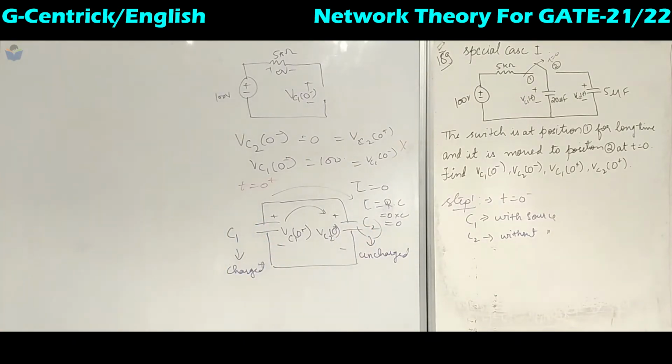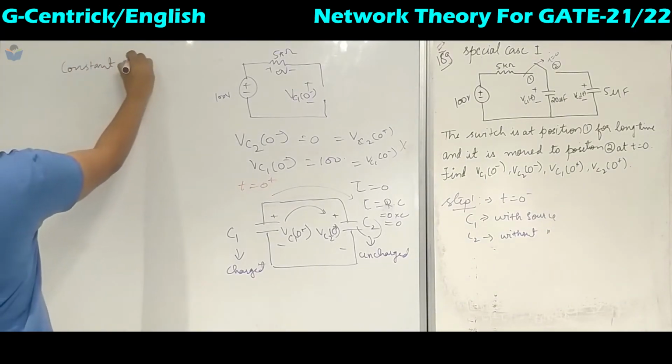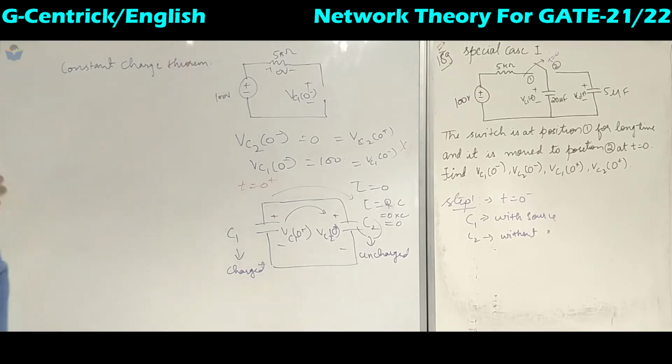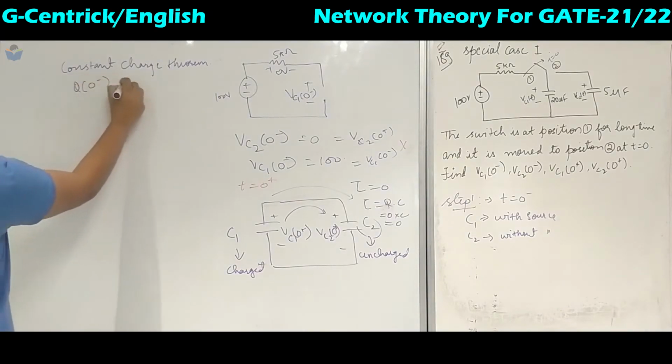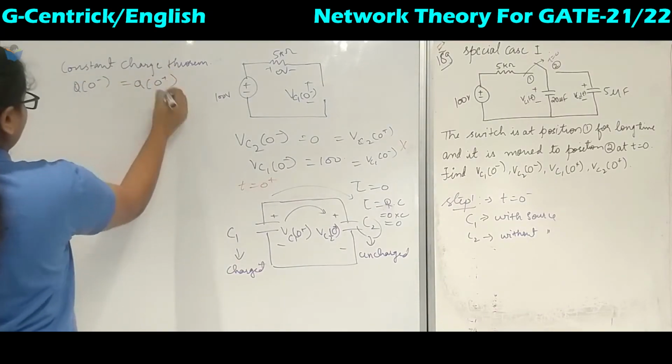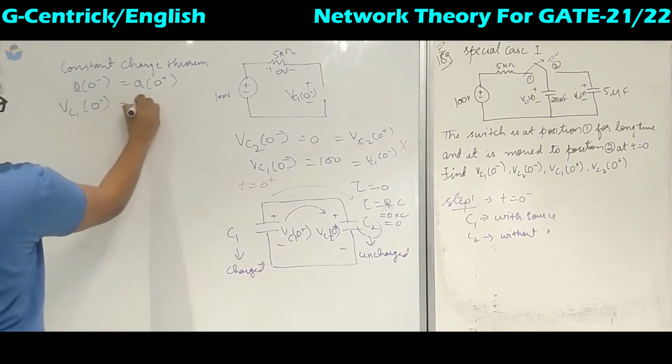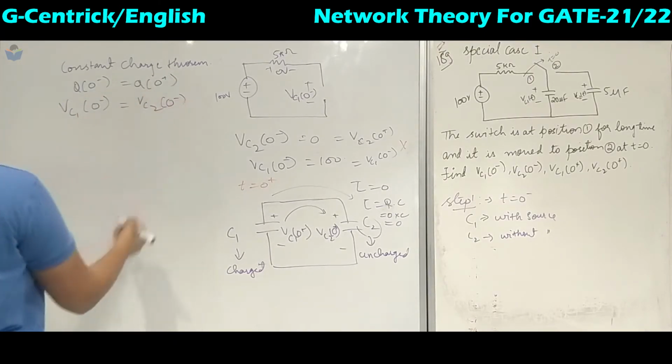Okay, so ideally if we assume that it is getting charged in no time, then we can use the constant charge theorem. So we have seen in the previous lecture what the constant charge theorem is. So Q of 0 minus will be equal to Q of 0 plus. So which means that Vc1 of 0 plus will be equal to Vc2 of 0 plus.